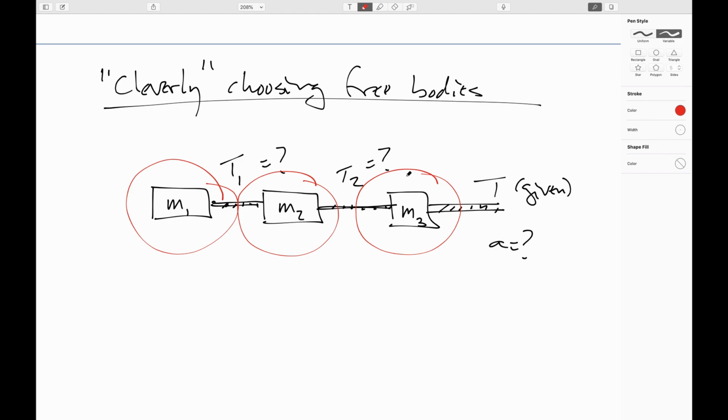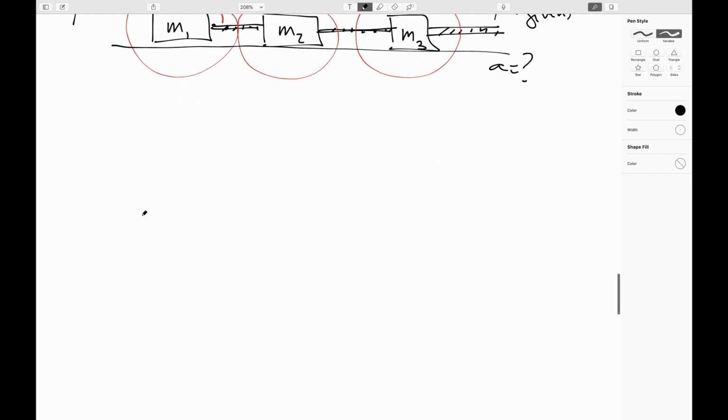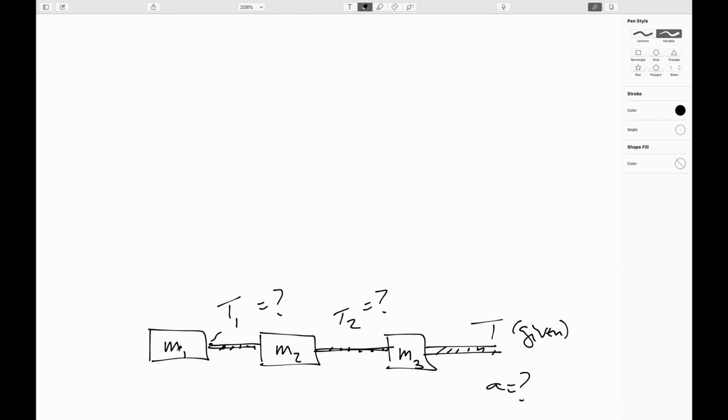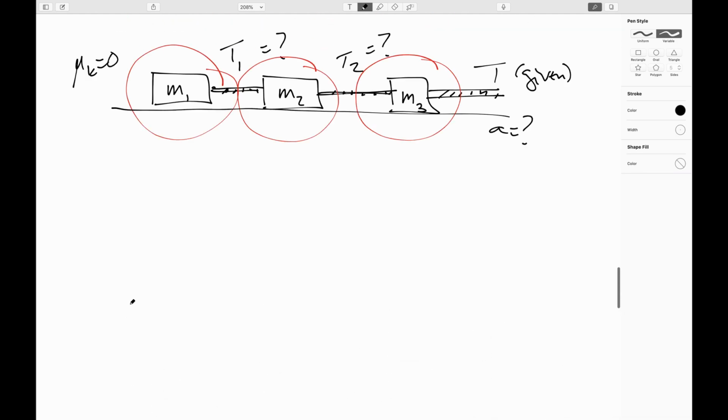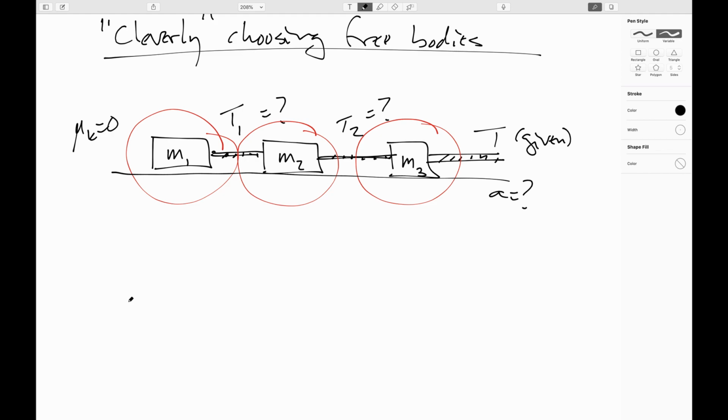And let's make sure there's a surface on here too. And we'll just make friction 0 so we don't have to worry about friction. Let me go stick a surface down here as well. All right. So you can certainly do this.